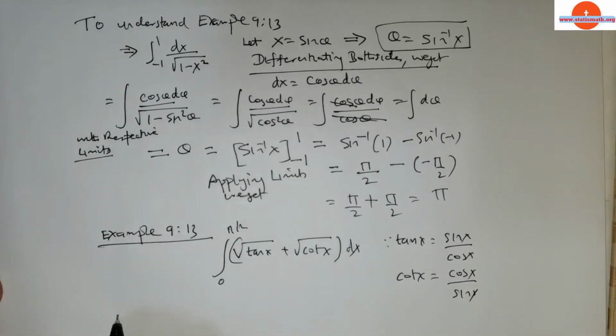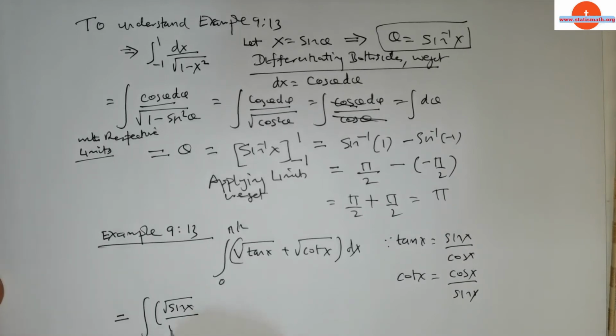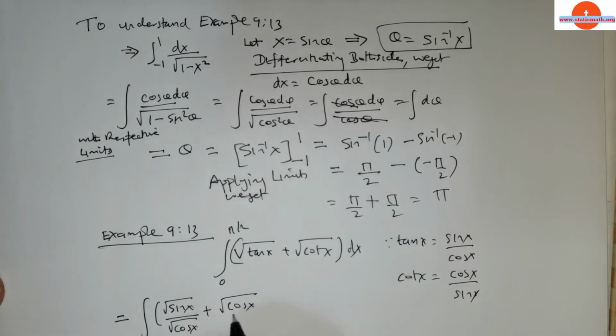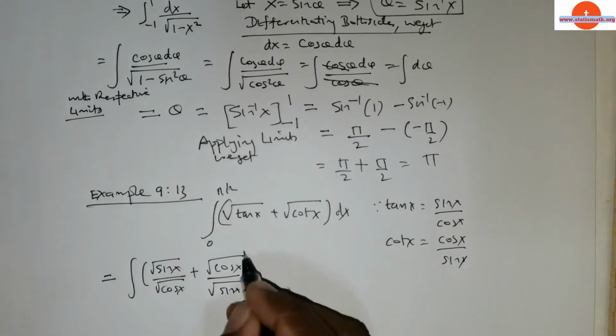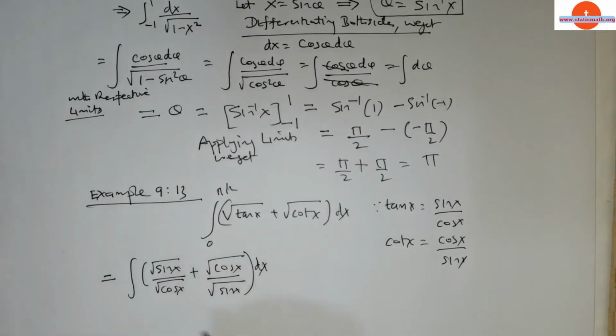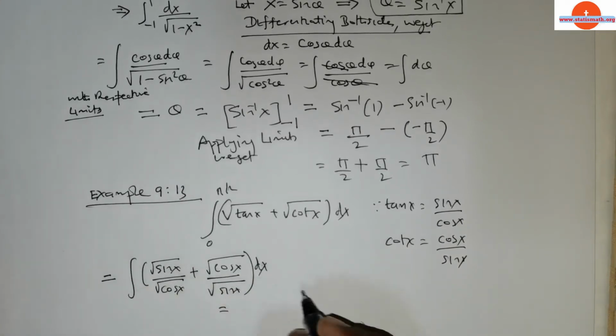So I would be substituting it over there. So this is going to be integral root of sine x divided by root of cos x plus root of cos x divided by root of sine x within the limits dx. Now I can take the LCM. I'm not changing the limits as yet.